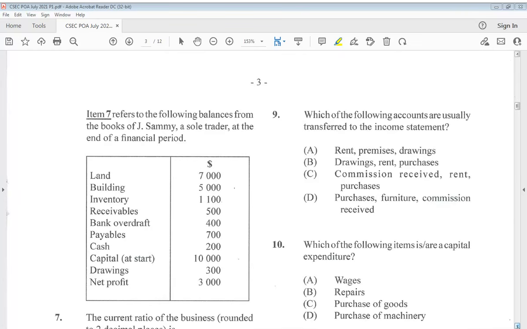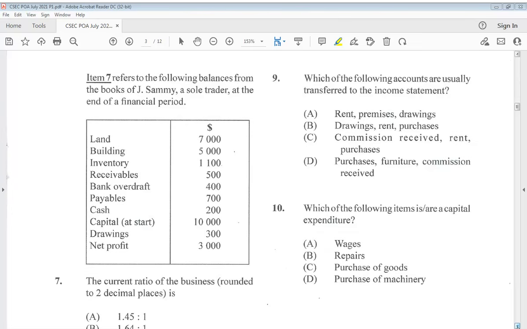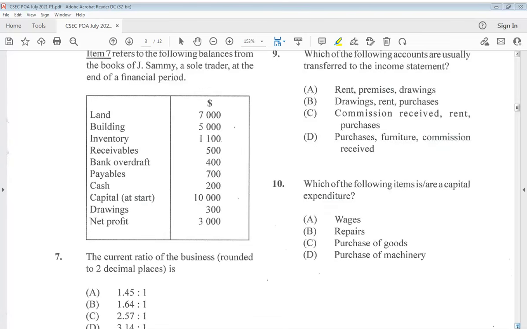It says item 7 refers to the following balances from the books of J. Sammy, a sole trader, at the end of a financial period. We have our current assets and current liabilities. We're asked, the current ratio of the business rounded to 2 decimal places is.